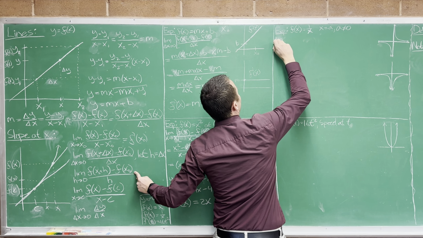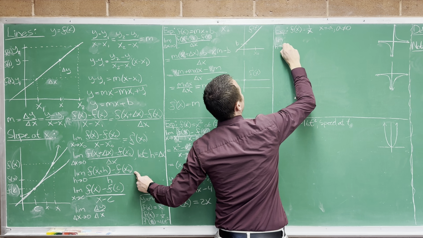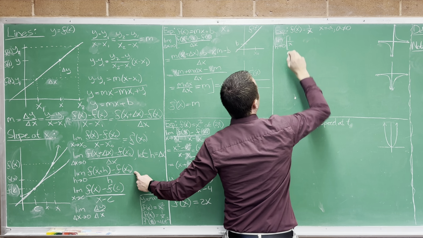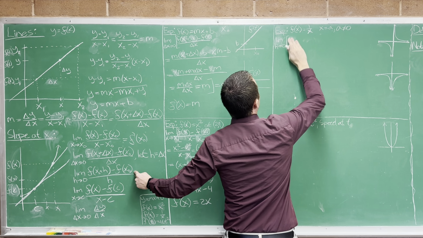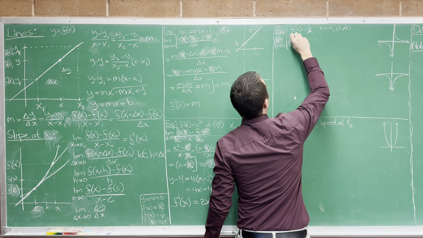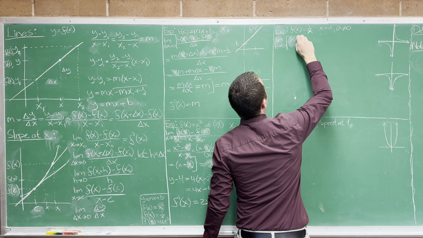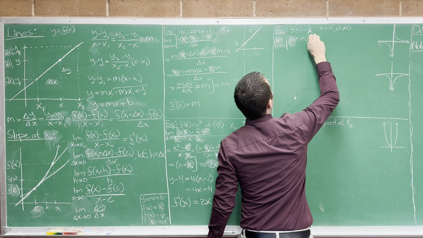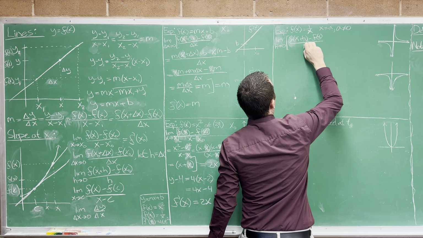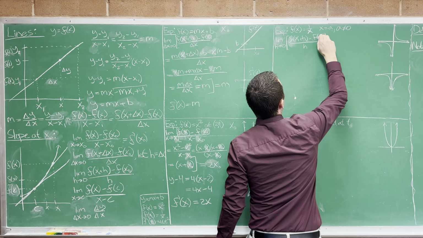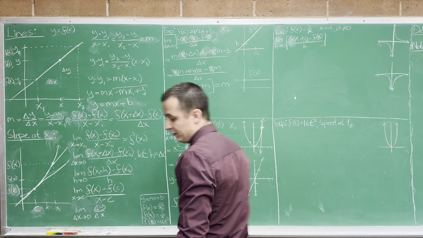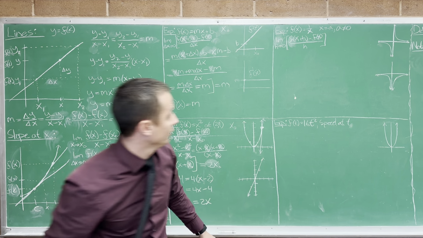We'll do the limit as h approaches 0 of f of x plus h minus f of x all over h. Right? And now, obviously, we can't take the limit right away because we have h in the denominator and h is going to 0.